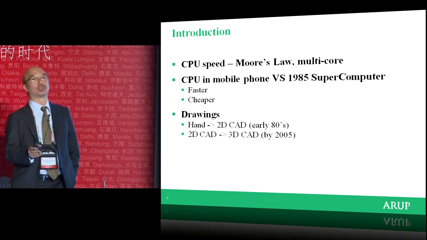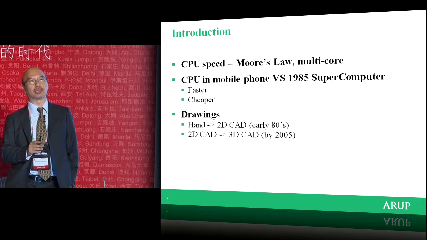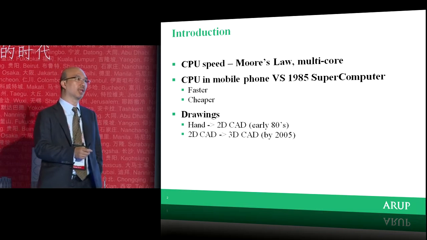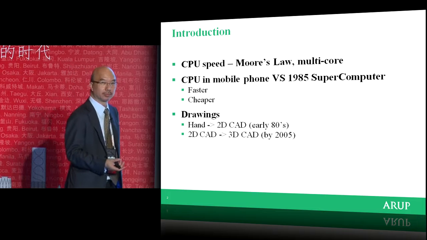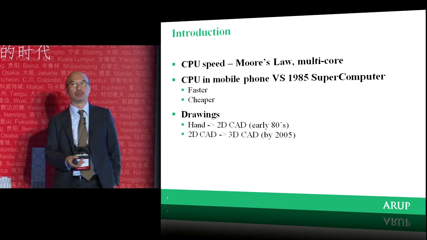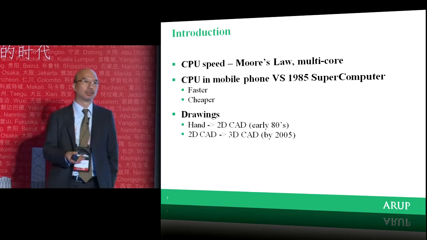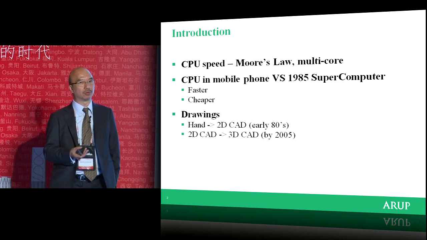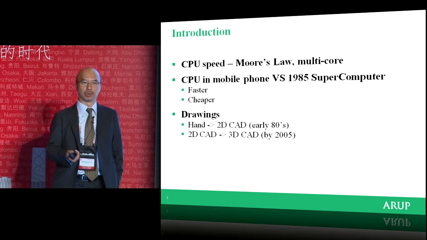And because of all these changes in technologies, our working procedure changed. In the past, hand drawing became CAD drawing, probably in the early 80s, when PCs became more popular and computers more powerful, and we started to have 2D CAD drawing.